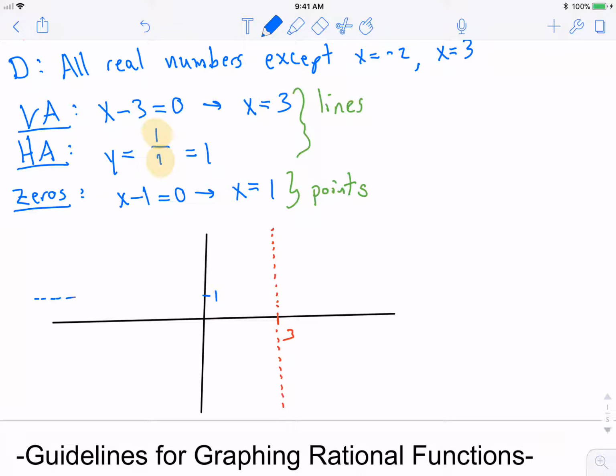So we'll draw in our tractor beam, or our cruise control here. And we have a 0 at x equals 1, which is right here. So actually, we know what the first part of our graph should look like. It has to pass through the x-axis right at our 0, and it'll have to home into the tractor beam.